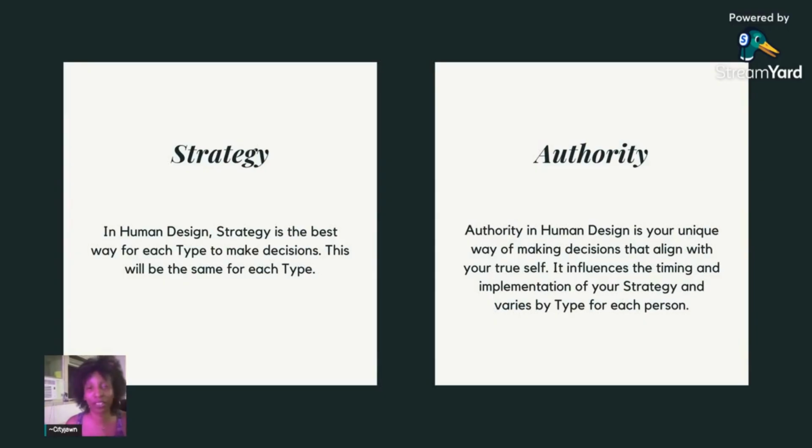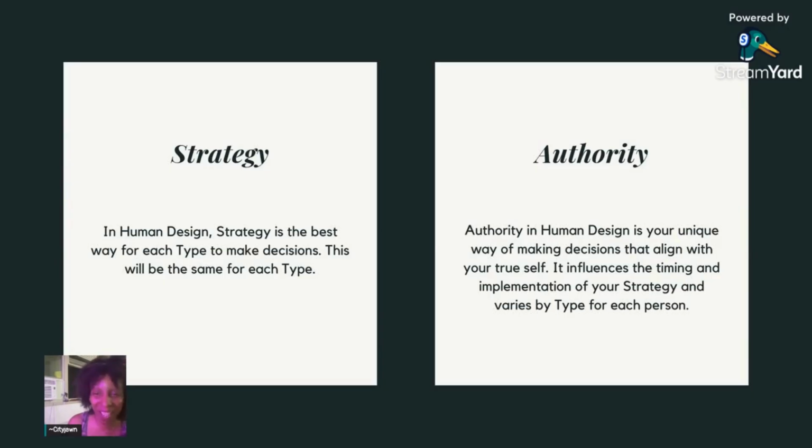And you'll learn that when you learn what your type is. You feel the decision in your body according to what your type is. That is the best way for you to make decisions, because your body will feel that ease, that flow that many of us, due to conditioning, have become numb to.